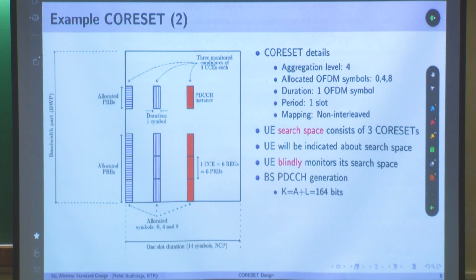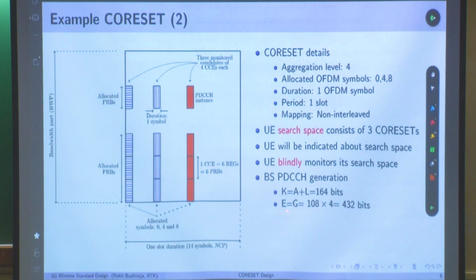Just an example. Let's say A is 140 bits. K will become 140 plus 24 bit CRC. What will be the size of G over here? Each CCE can transmit 108 bits, and with aggregation level of 4, you can transmit 432 bits.